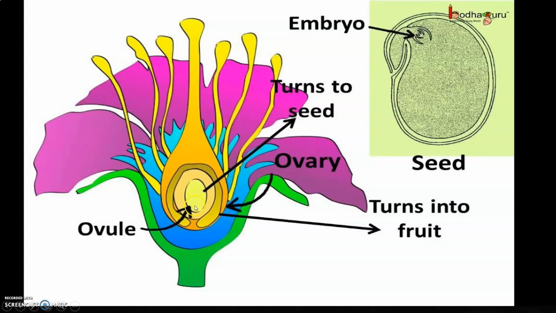This zygote, which is formed inside the ovule, will then give rise to the embryo. And this embryo is what we call the miniature plant present inside the seed. So when you see a germinating seed and a green colored structure coming out, that is actually the embryo, which has started coming out after the breaking of the seed coat.